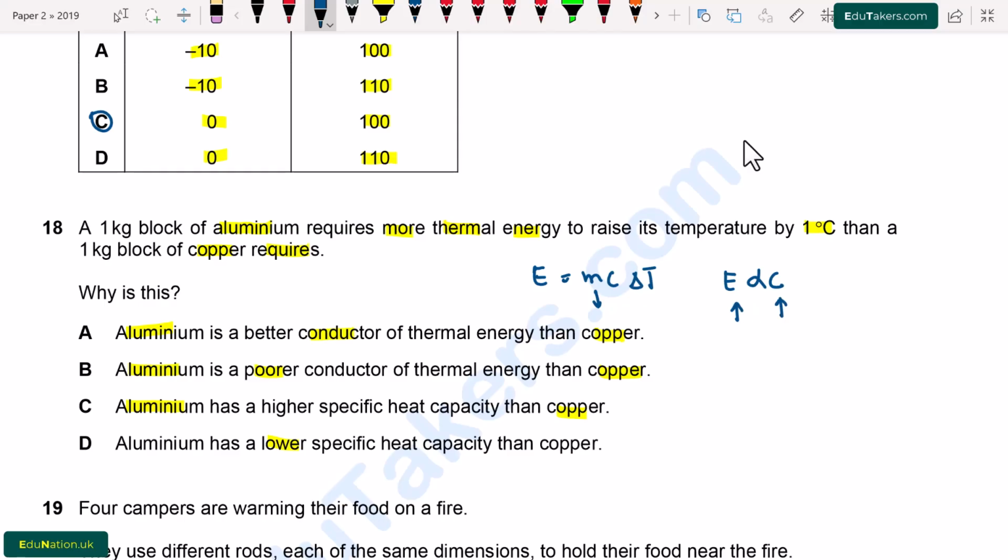Now the statement is given that the masses of the blocks are equal, which is 1 kilogram. Aluminium requires more thermal energy than the block of copper. This is due to the reason that the specific heat capacity of aluminium is larger as compared to the specific heat capacity of copper. So from here, option C is correct. Aluminium has a higher specific heat capacity than copper.